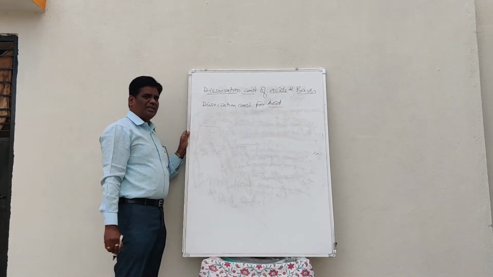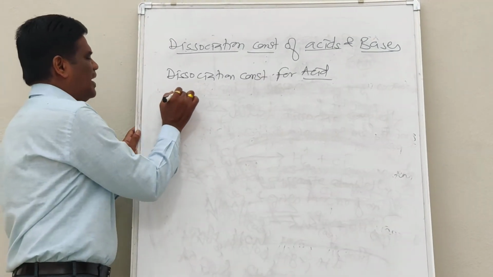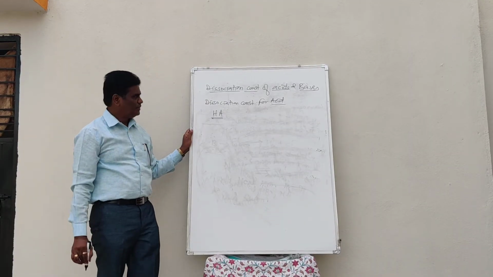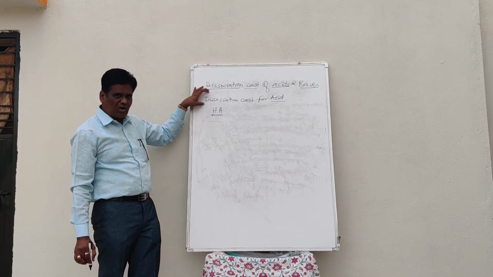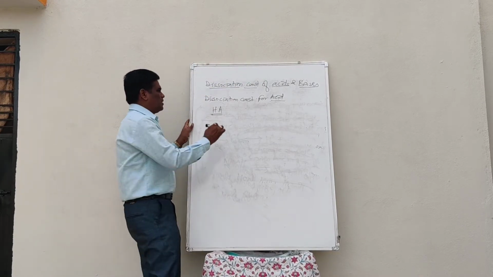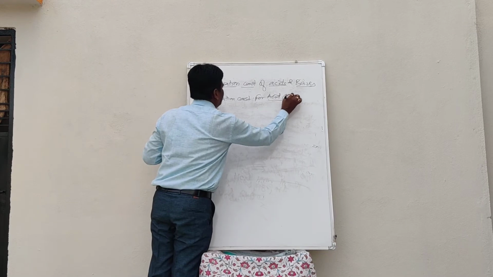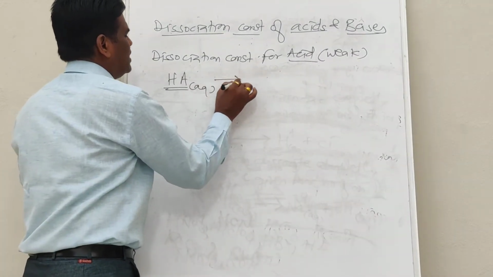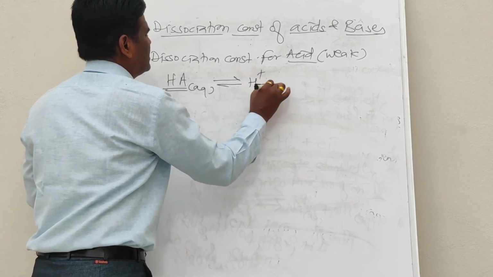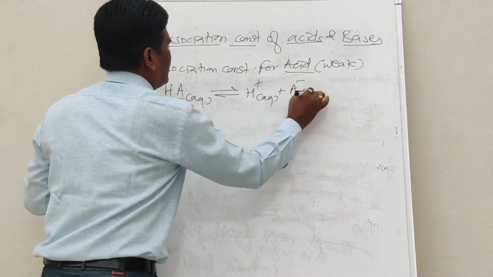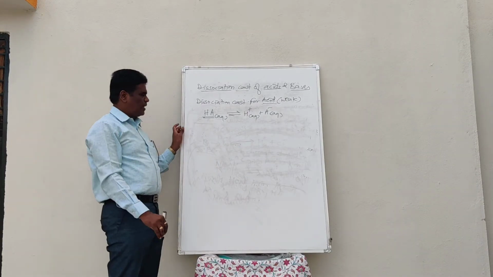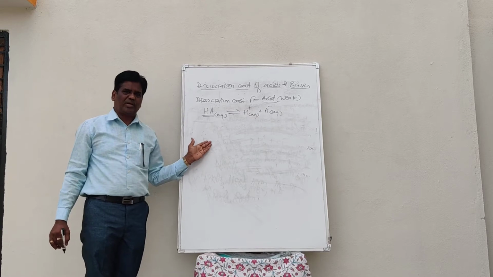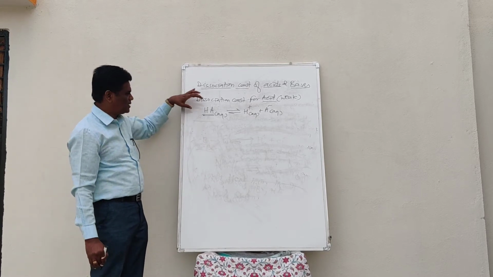Suppose for example, as a general example, HA is a weak acid. Generally the dissociation constant is written for a weak acid or weak base. So HA, the weak acid, will dissociate as H plus ions as well as A minus ions. You can take acetic acid, formic acid, carbonic acid, benzoic acid, like that. So many examples you can take here.